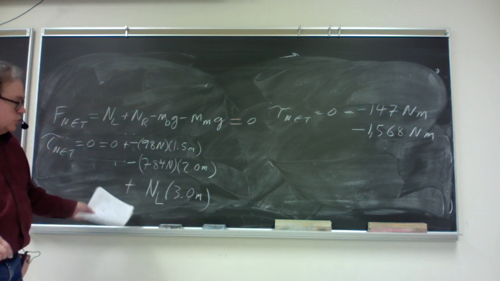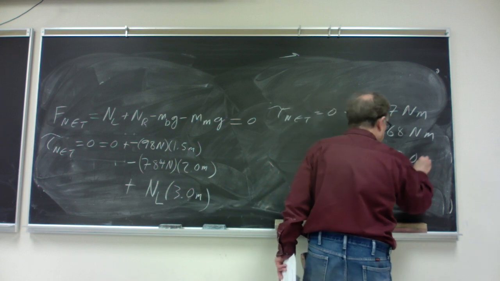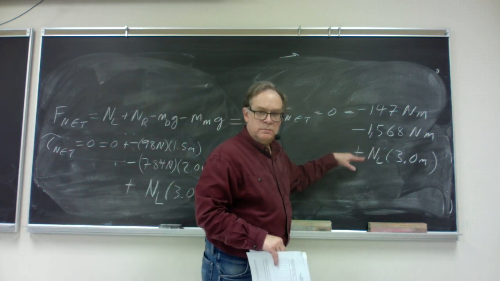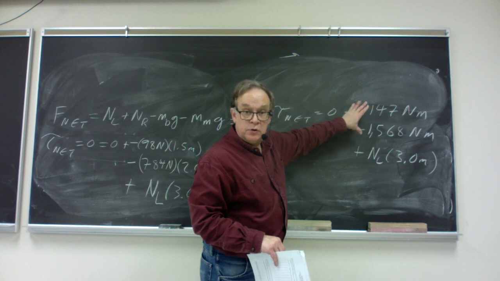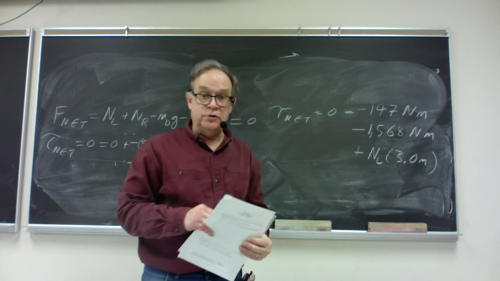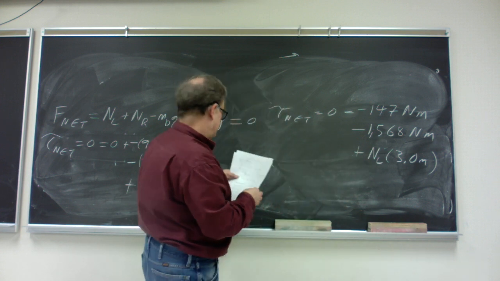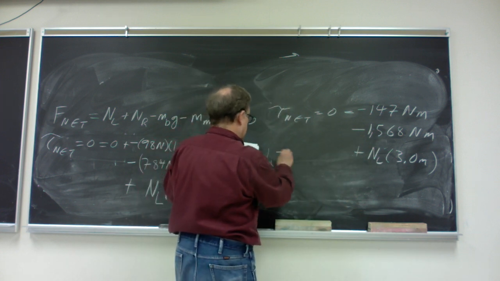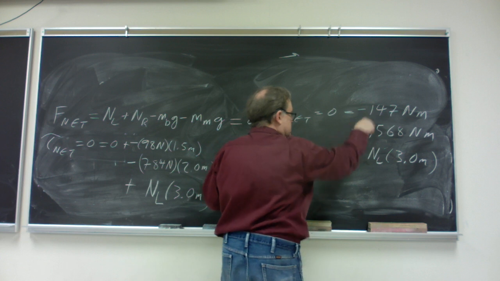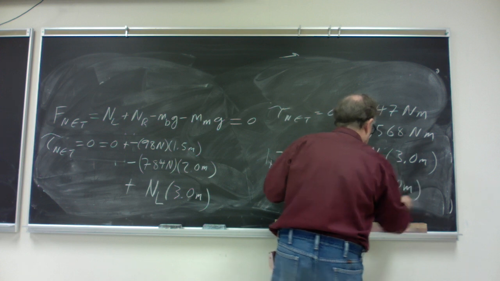And then the last torque, which is NL newtons times 3 meters. So this torque must be just as big as the sum of these two torques. All the positive torque has to cancel out all the negative torque to keep the net torque equal to 0. So this plus this has to equal this, or 1,715 Newton meters. That's this, and this must be equal to NL times 3 meters.